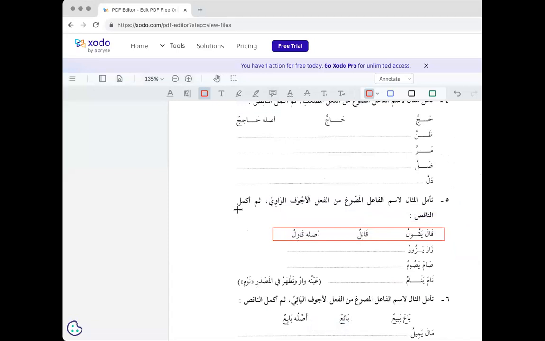The origin of قائل is قاول because اسم فاعل is فاعل, as we know.